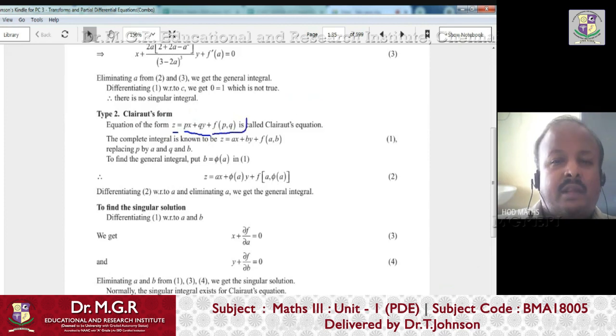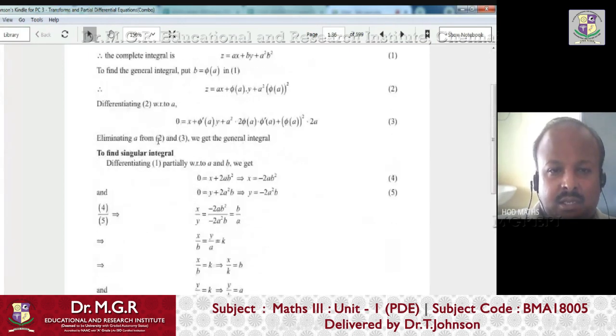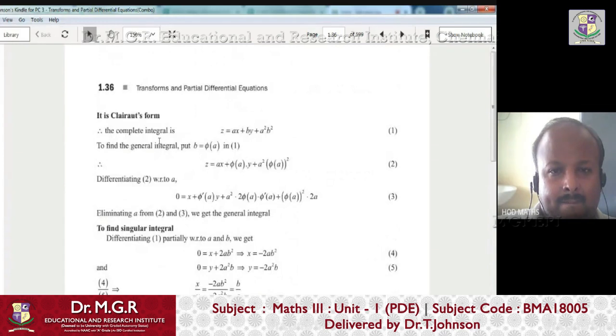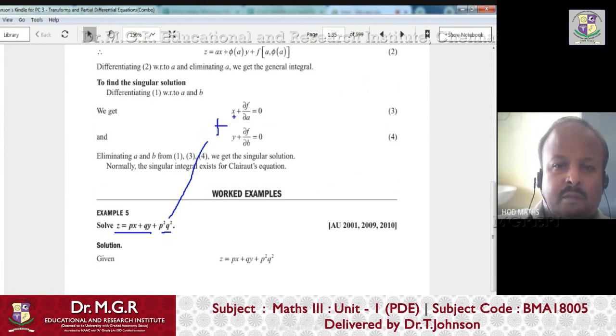Then after that, any function of p and q will be there. For example, z equals px plus qy plus p square q square. So p square q square is nothing but some function of p and q.